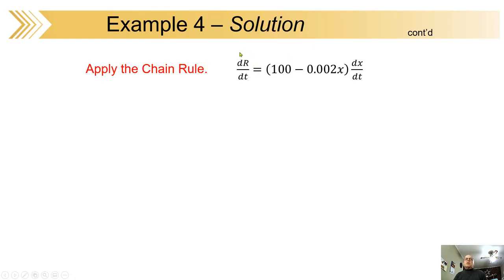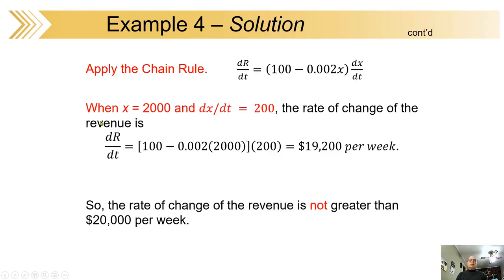You're going to differentiate that with respect to time, applying the chain rule. There's the derivative of R with respect to time. And on the right-hand side, you'll end up with 100 dx/dt minus 0.002x dx/dt. It's already factored out. Put those numbers in.